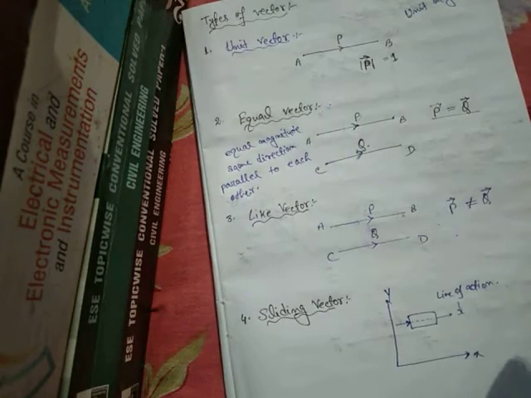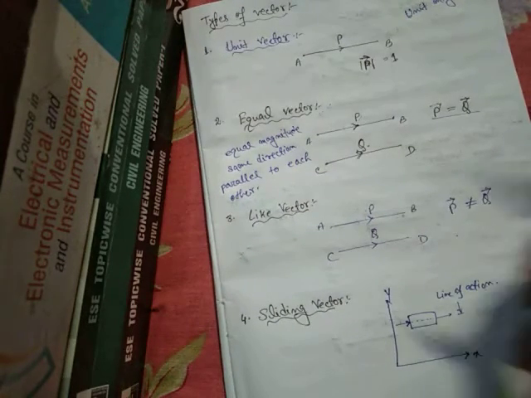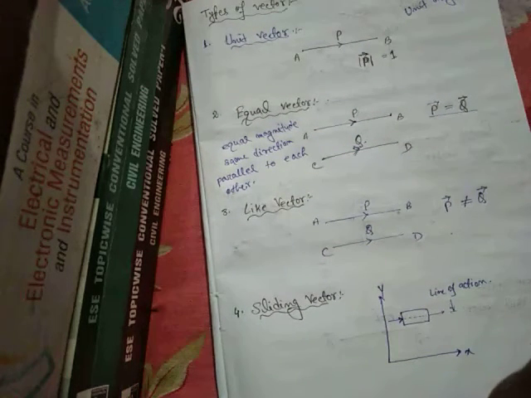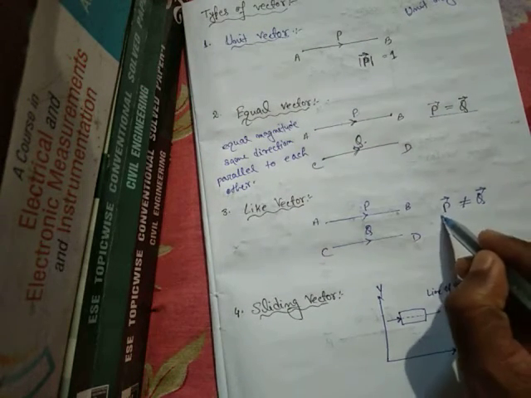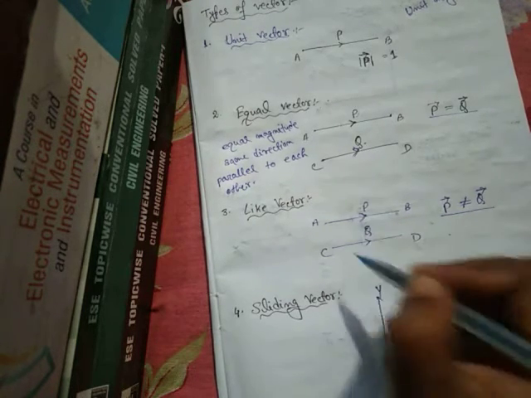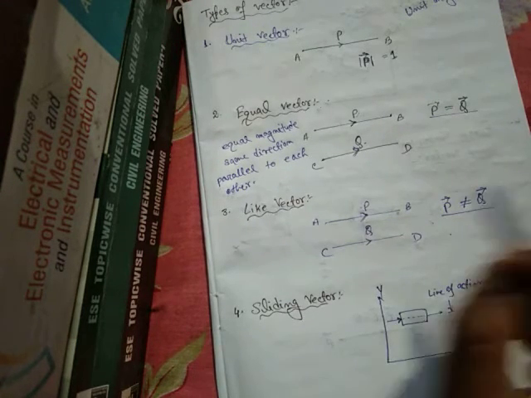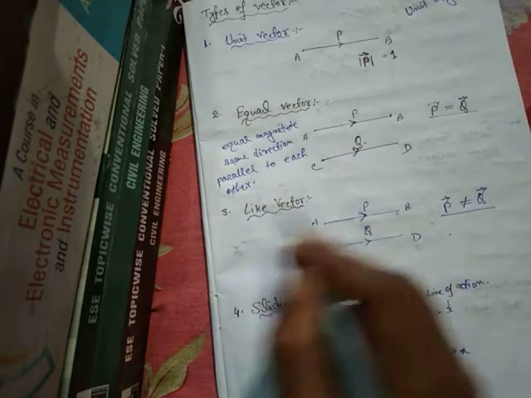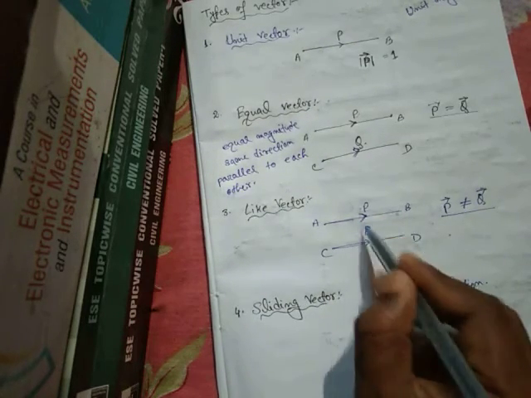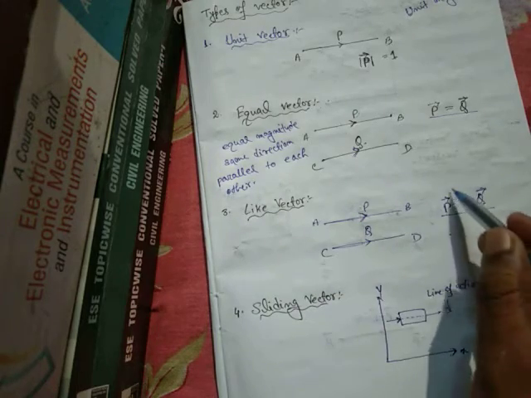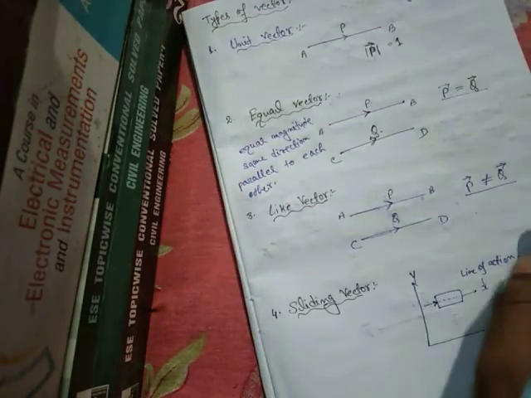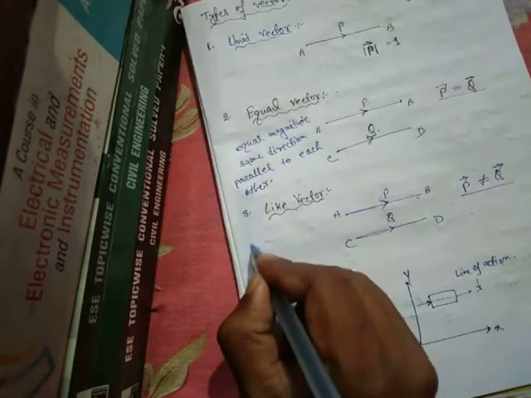Now like vector. What is like vector? It is similar to equal vector, but the magnitudes are not equal. P is not equals to Q. It is similar to equal vector in same direction and parallel to each other, but the magnitudes are not equal. Unequal magnitude, we can also say unequal magnitude.